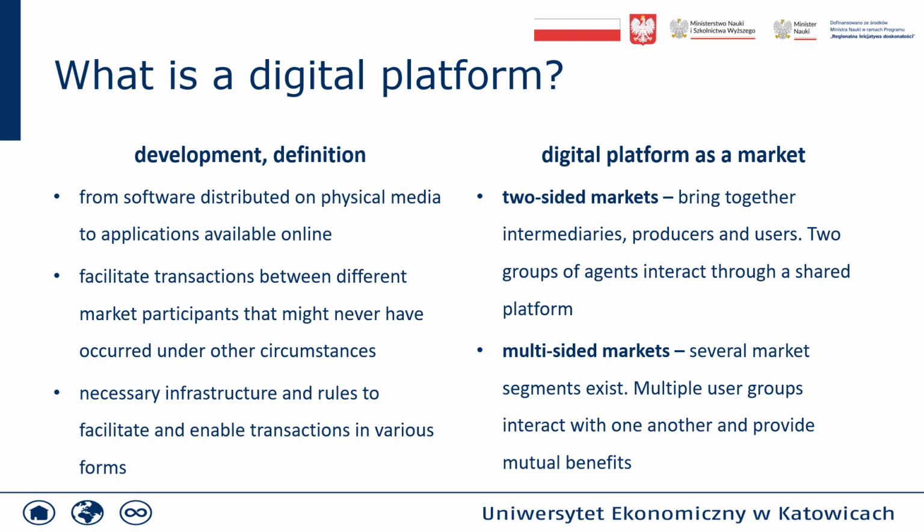Value is then generated through direct and indirect interactions among users, as well as by controlling or facilitating access to various services through subscription models or membership rules. An example of multi-sided markets may be social media platforms like Facebook, or sharing services platforms such as Uber or Airbnb, where value is generated through direct and indirect interactions with users.